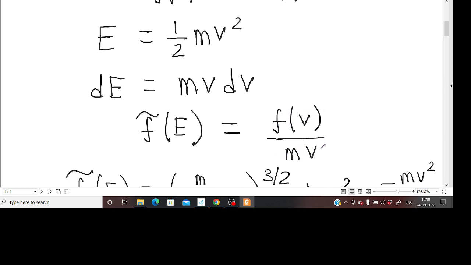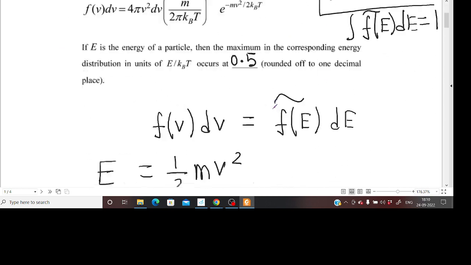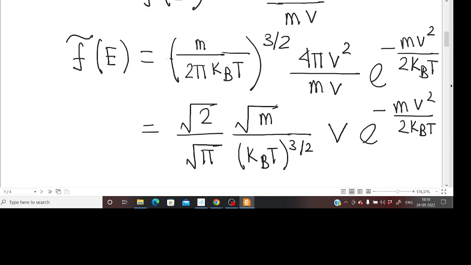This is clear? Yes, sir. Okay. Now let's put the expression of f(v), the expression given in the question, here. So I have just put the expression here, and after some simplification we get f tilde(E) as this expression.